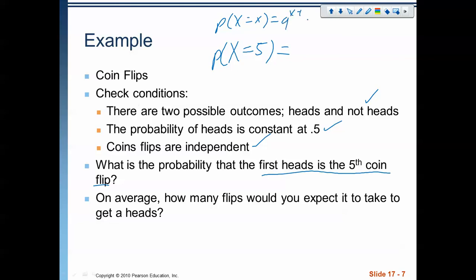Q to the x minus 1 times P. So this is Q to the 5 minus 1 times P. Well, let's get rid of the Q and the P. What is Q and P in this case? Probability of success, probability of failure, 0.5 times 0.5. So this is 0.5 to the 4th power times 0.5, which is really 0.5 to the 5th power, if we want to think about it. And then whatever 0.5 to the 5th power is.